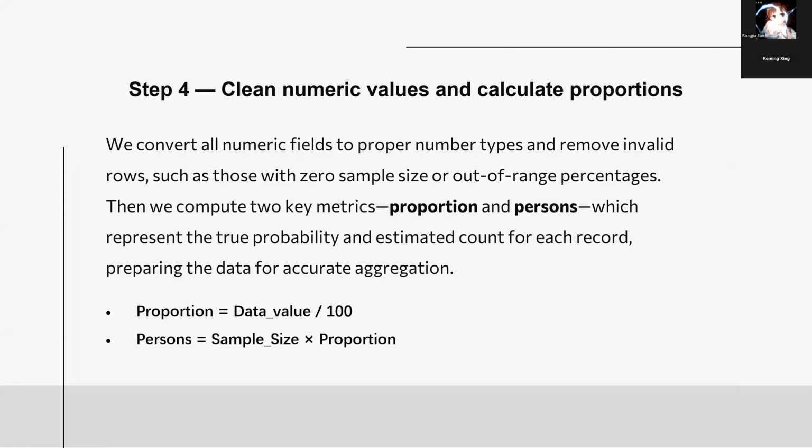We then computed two key measurements to keep the dataset correct. The first formula is the proportion, which is the data value divided by 100, and the persons is the sample size multiplied by the proportion. These metrics represent the probability and estimated count of each outcome and prepare the data for final aggregation.